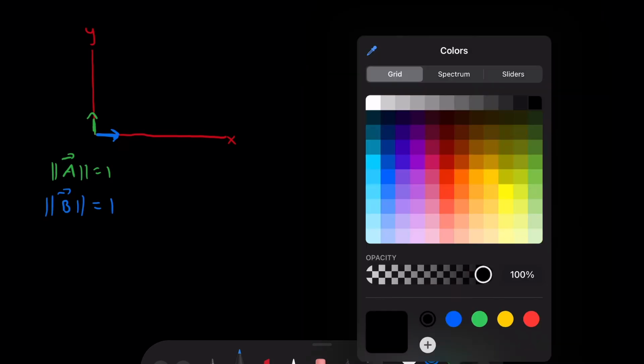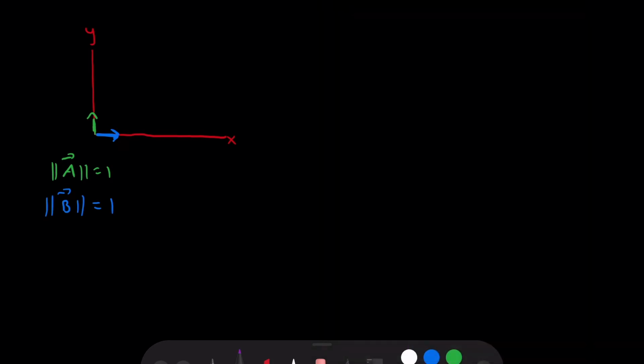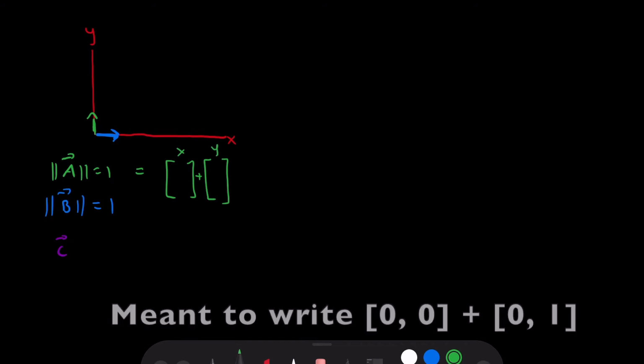And we're going to define a third vector, C. We're going to get to that in a second. Okay, one more thing I forgot. So vector A, if it has a magnitude of 1, it's going to be composed of these. We're going to have 0 in the x direction, 1 in the y.